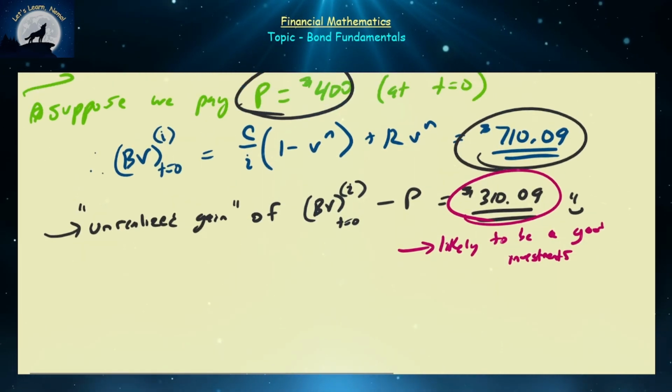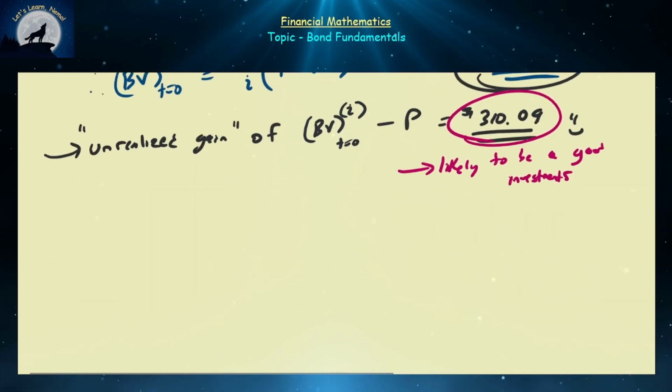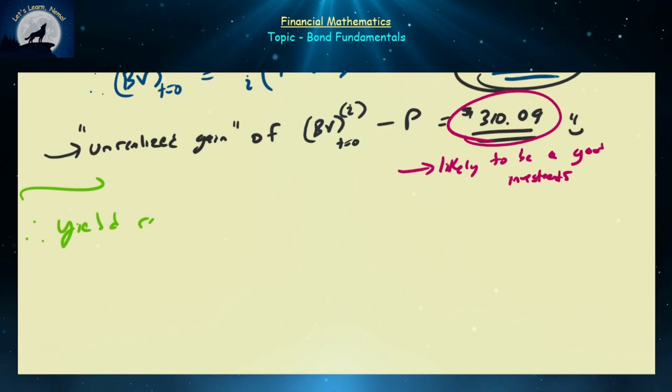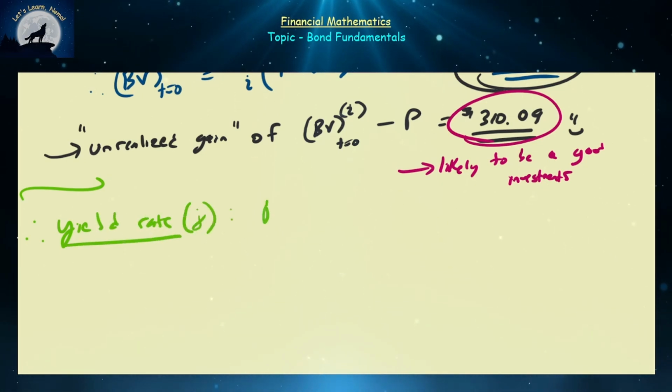So once we pay our $400, what will be the yield rate for this transaction? Keep in mind, the yield rate is the interest rate J that satisfies BP equal to BV under J at t equal to 0. Obviously, if our unrealized gain is high, we would hope to see that our J is high as well.